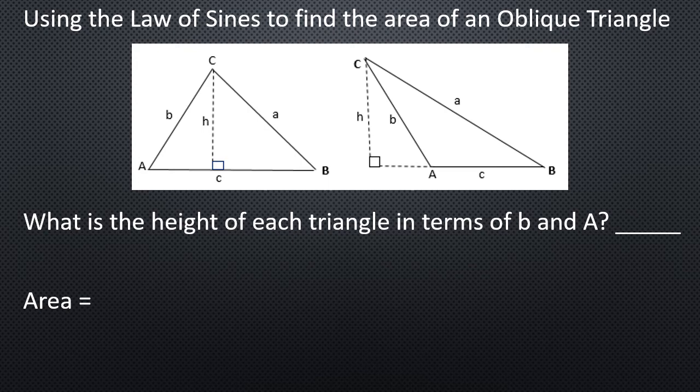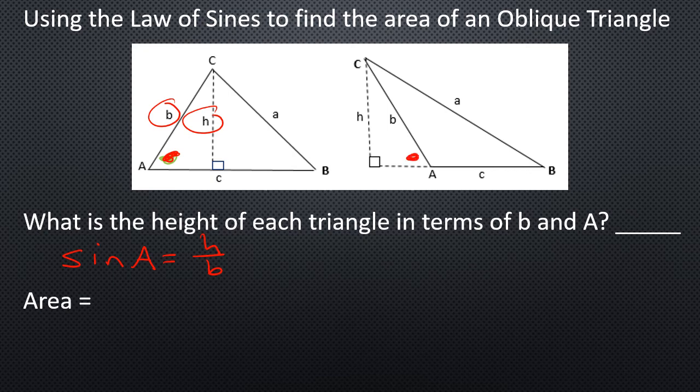We can actually use the law of sines in a sense to find the area of an oblique triangle. So if we think of the height of the triangle, if we come over here to the triangle on the left, I'm going to change colors here, if I write an equation using A, B, and H, I can say that the sine of angle A equals the opposite side over my hypotenuse, B. Same if I'm looking at this picture over here.